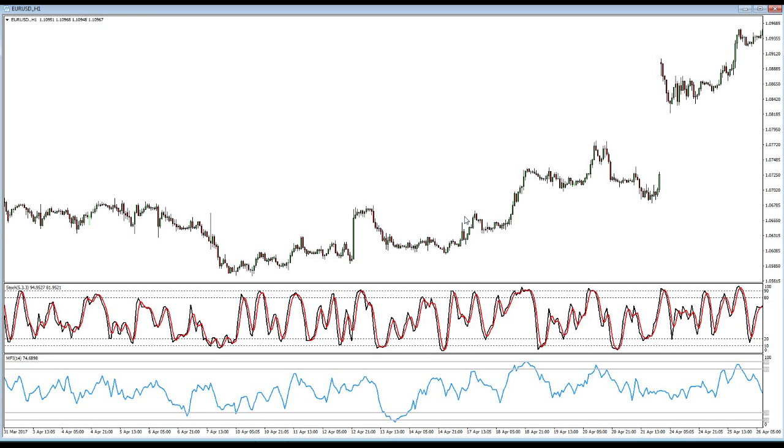So once I find something is either overbought or oversold on the MFI and the stochastic, I'll secondly have a look at the fundamentals, any economic news coming out on that pair. For example, this is the Euro US dollar, so I'll have a look at each of the indices. I'll look at the DAX and then the Dow and see what news is coming out in those. And I go through a checklist of quite a few more things to qualify my trade.